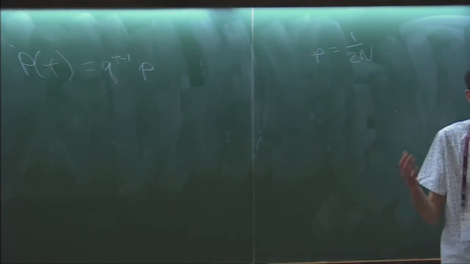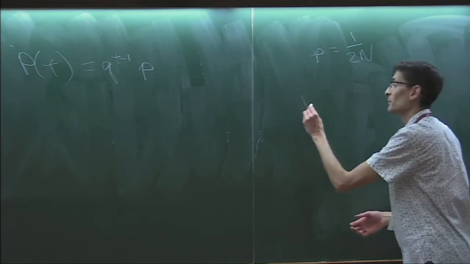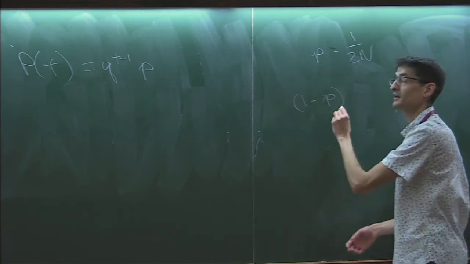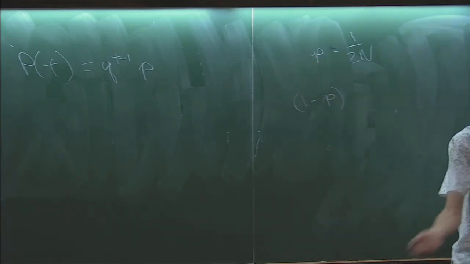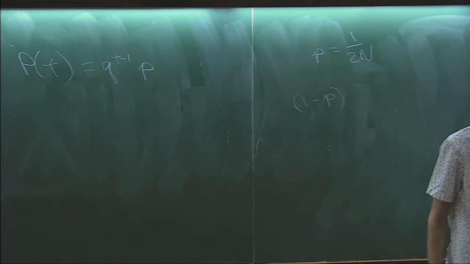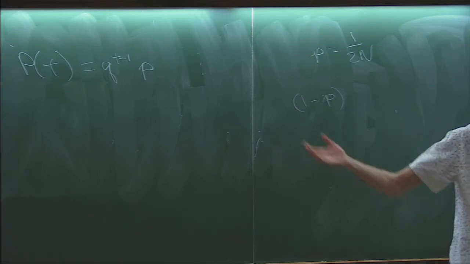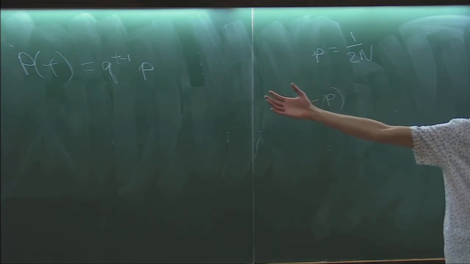What's the chance that it would take two generations? Well, you would have to not coalesce in the first one, so 1 minus p, and then you do in the next generation, right? This is the same exercise as rolling the dice. So everything's exactly the same. We don't need to re-derive it. It's just that geometric distribution.